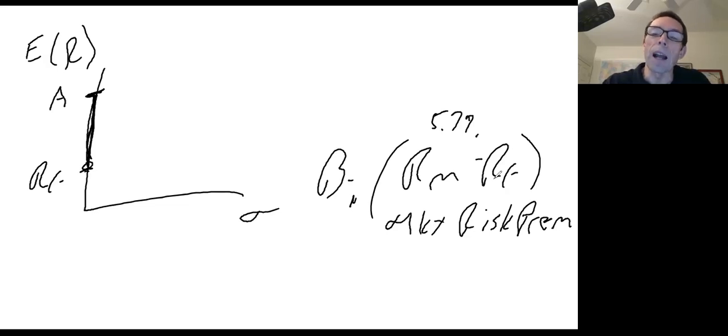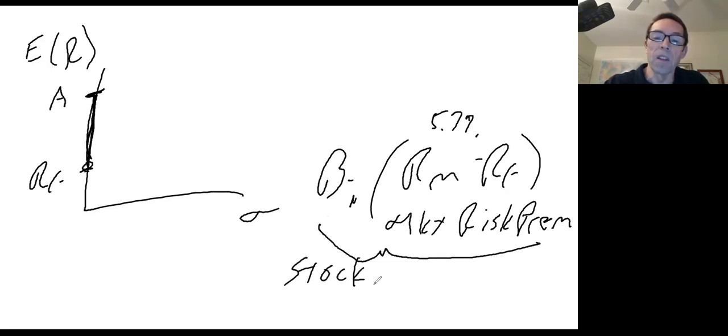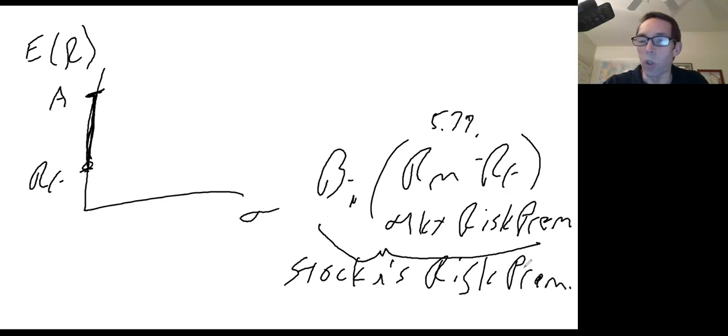And if the beta of stock I is less than 1, it's going to get a less than average risk premium. So the beta of stock I multiplied by the market's risk premium is stock I's risk premium. So that is stock I's risk premium.